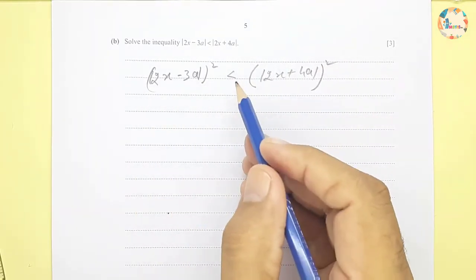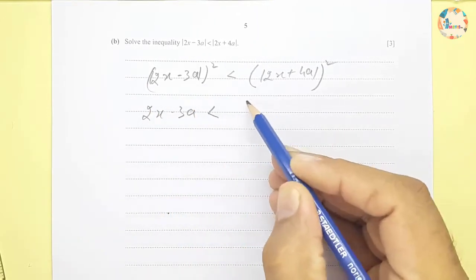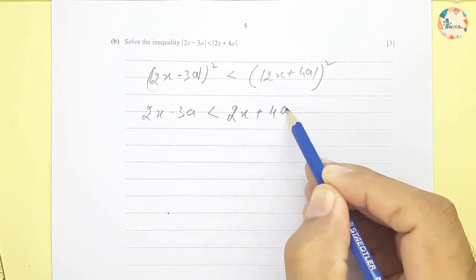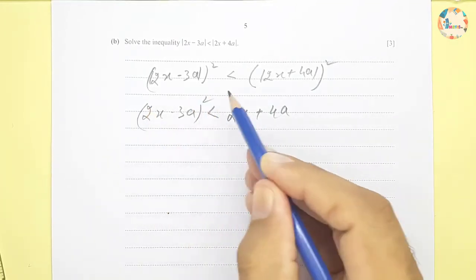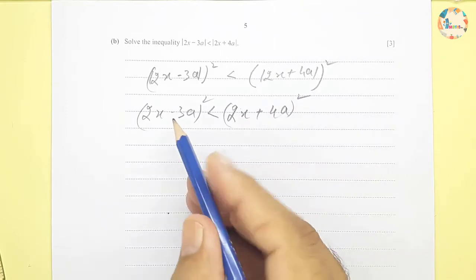After taking the square, we can leave the mod. So (2x minus 3a) squared is less than (2x plus 4a) squared. This is squared because we have taken the square, so we are leaving the mod. Now we can open the square.